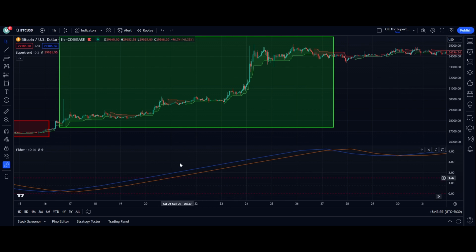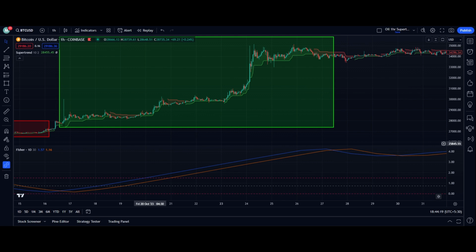So at this point, you don't need to look at the Fisher. You just need to have the conviction to look for two kinds of trades, because the Fisher is bullish: bullish breakouts on the super trend, or the support confirmation of the super trend.